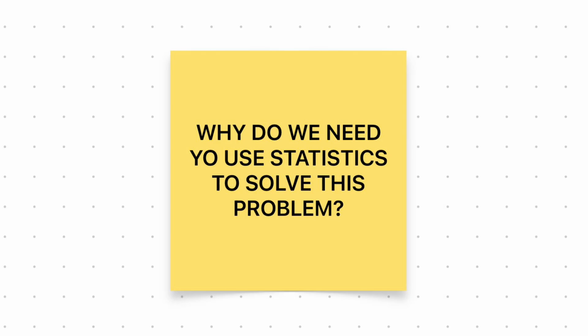To make this decision reliably, we can't just guess. The problem asks us to limit the chance of being wrong to at most 5%. Statistics is the only tool that allows us to calculate this specific risk and find the threshold. It gives us a solid, objective way to make a decision based on the data instead of simply making a subjective choice.